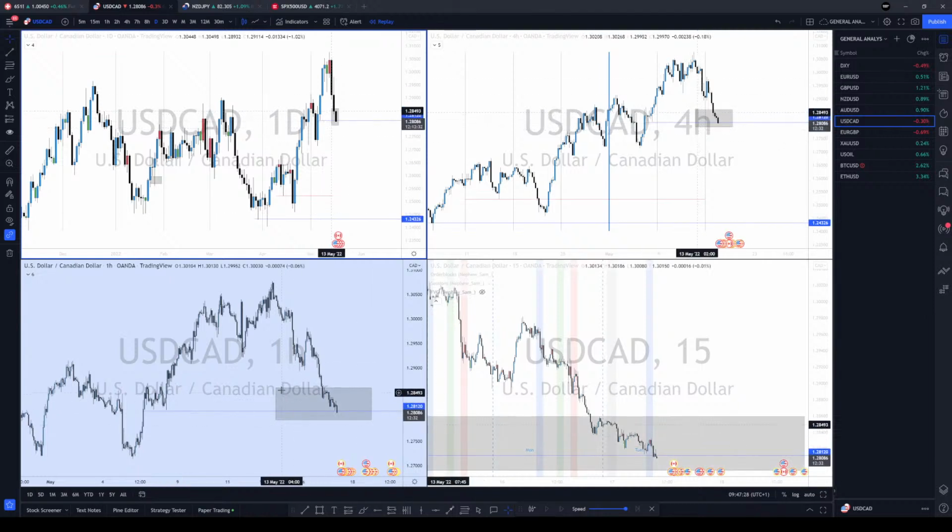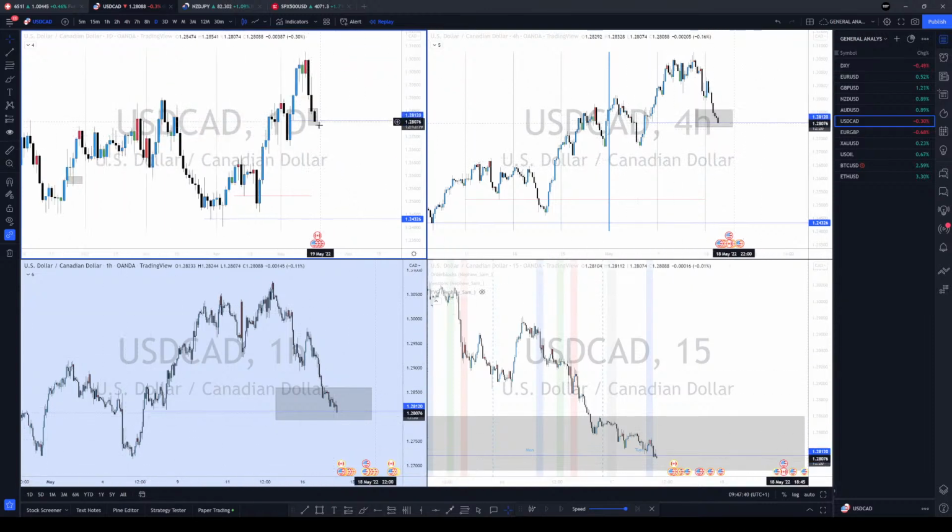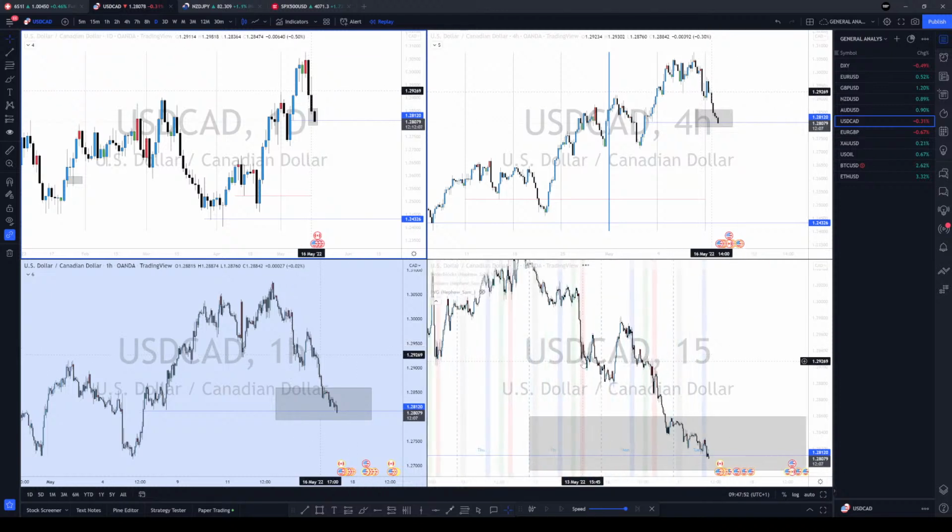Dollar CAD, that's where I was anticipating price to come to for an expansion to continue going up. Again, wait for price to break market structure before you do anything. Maybe New York session. I was doing some backtesting on this pair, and this pair really likes to move during the New York session.